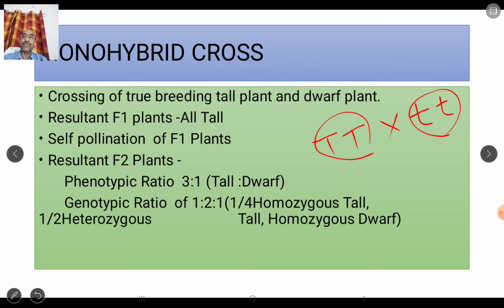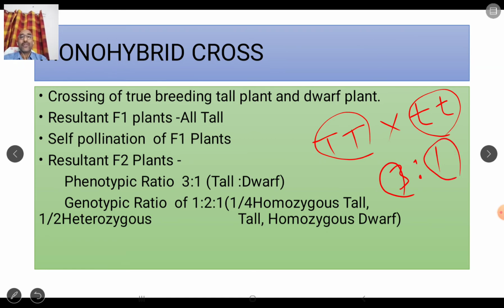Now he allowed the F1 plants to self-pollinate to produce F2 generation. In the F2 generation, he got plants in the ratio of 3:1, out of which 3 were tall and one was dwarf.